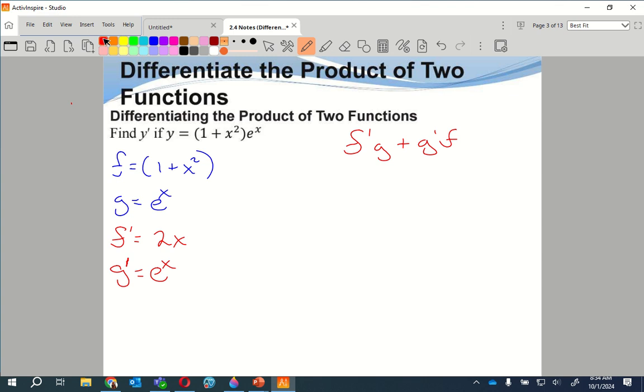So put together, f prime is going to be 2x times g, which is e to the x, plus g prime, which is e to the x, times f, which is 1 plus x squared. Plus sign right there.